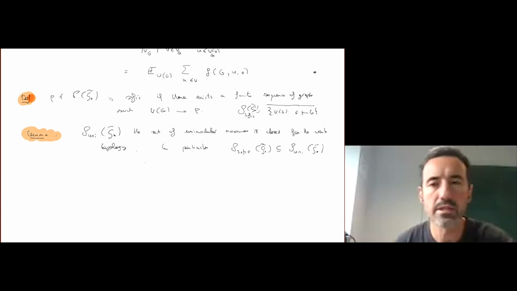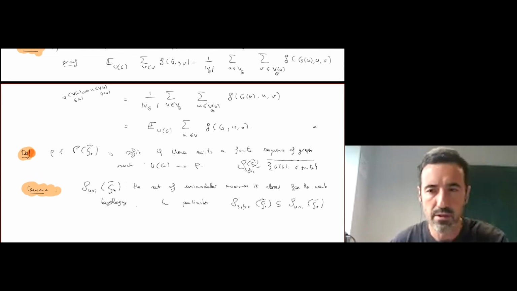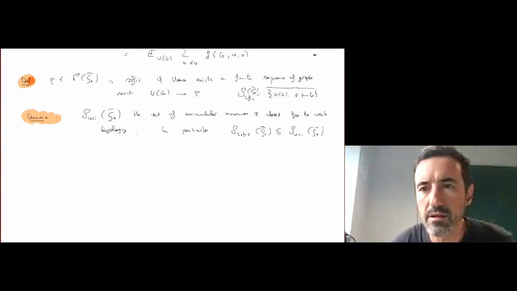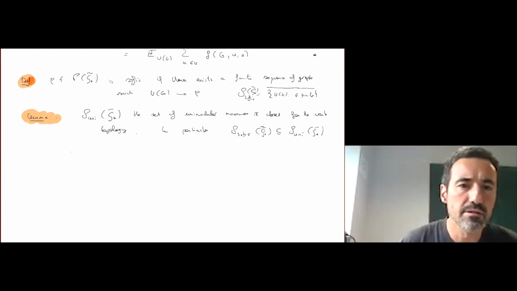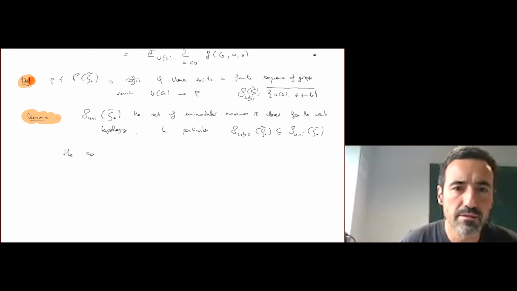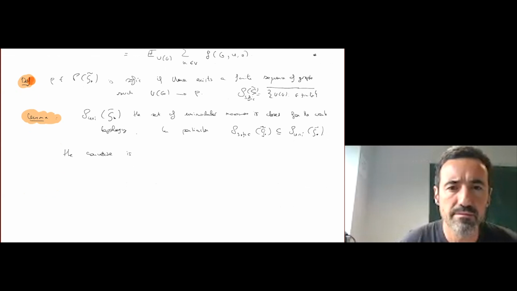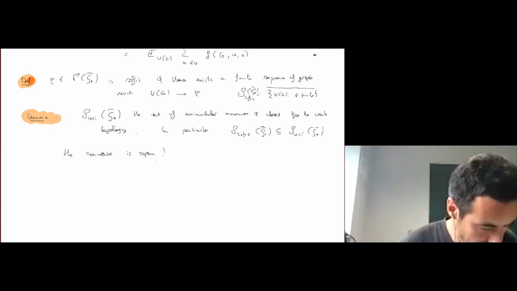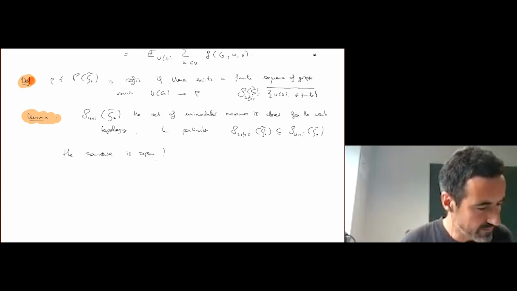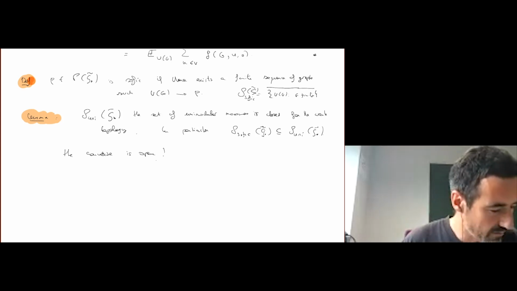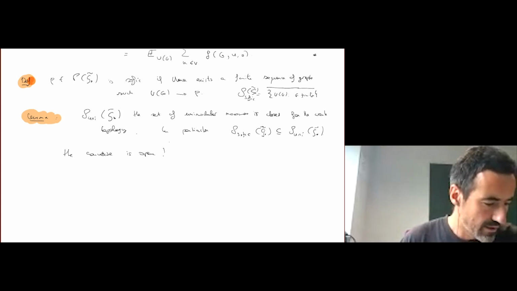There is no known example of a unimodular measure which is not sofic, so the converse is open. The answer is probably no, but we don't know. It's a vast open question, and obviously a very, very difficult one.